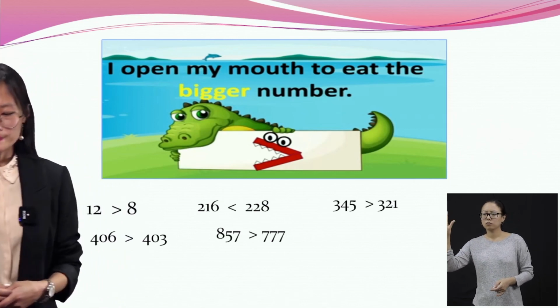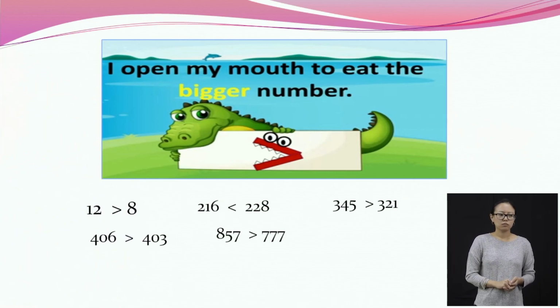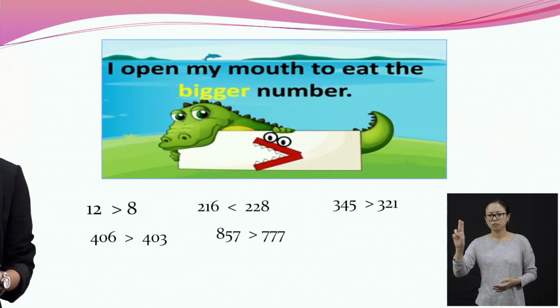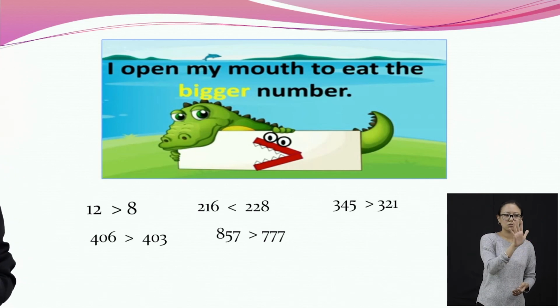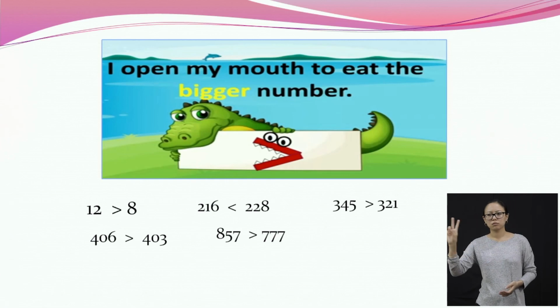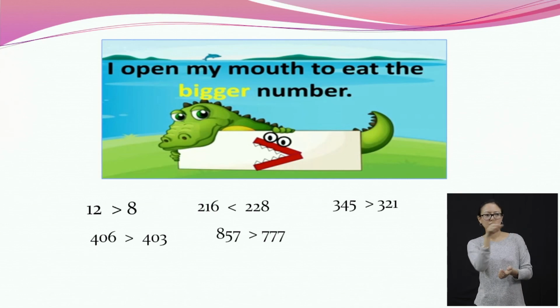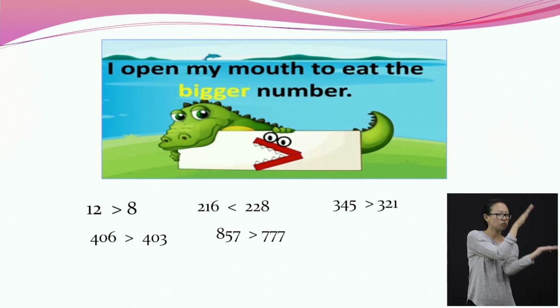Another number, 345 and 321. Compare the numbers, which one has a greater number? Here again, 345 is greater, and the alligator mouth, or the open end, is towards 345.